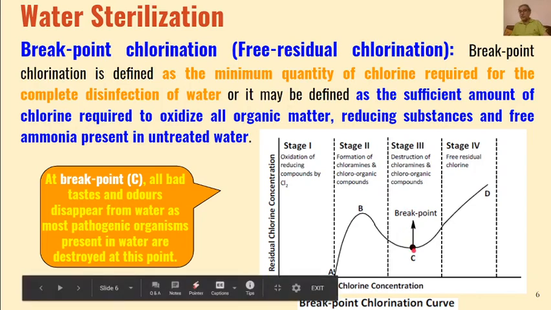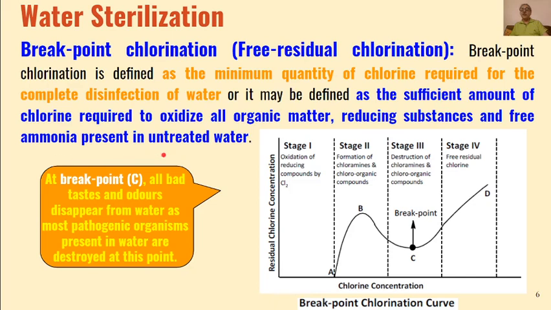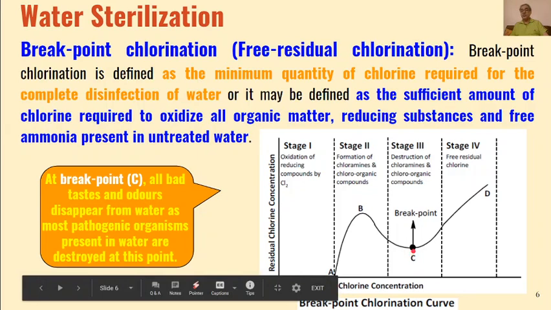So at this point C, which is called the break point, all the organic matter, reducing substances, and free ammonia present in the untreated water will be removed. So that means this is the sufficient amount of chlorine required up to this point.